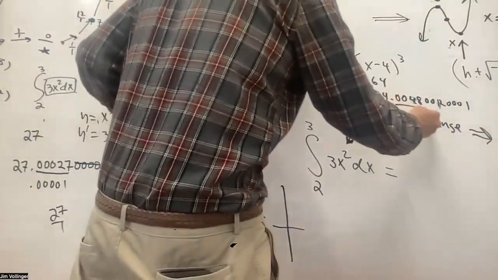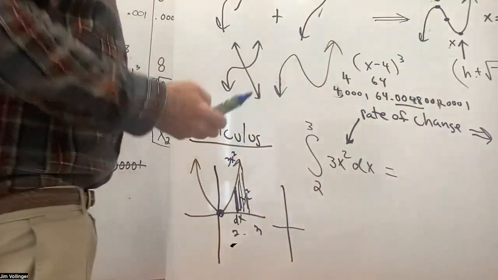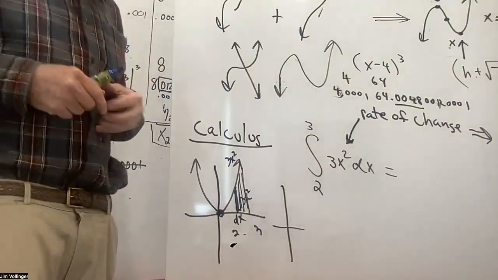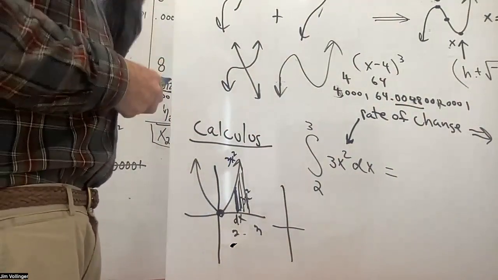We're taking on the change, which is in this case 3x squared, and that's the derivative of x cubed. So there's lots of very weighty things to talk about here.